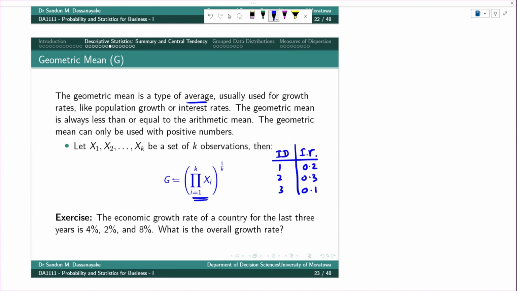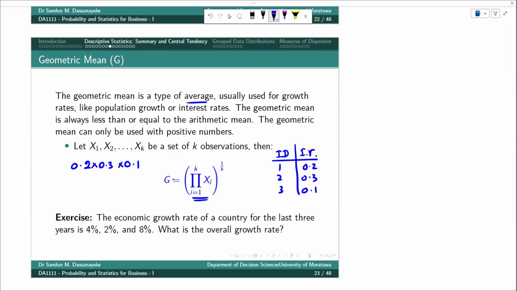The geometric mean means you simply multiply them. The product from i equals 1 to k of xi means you just multiply 0.2 times 0.3 times 0.1. Remember, this multiplication is coming from this pi notation.